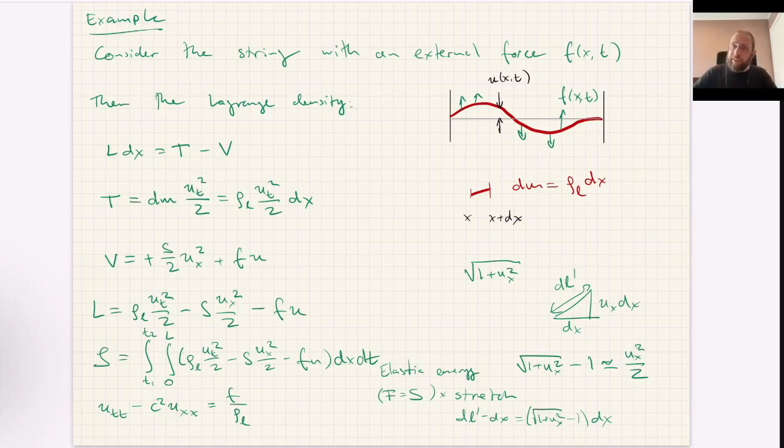So we still use the same framework, right? We still use the action framework. We vary the action, and we get the equations of motion. It's just that when we had a discrete and finite index set, we got coupled ordinary differential equations generally. In this case, we have a partial differential equation.